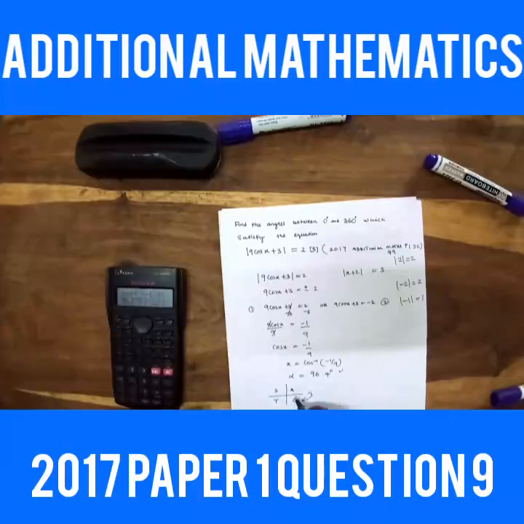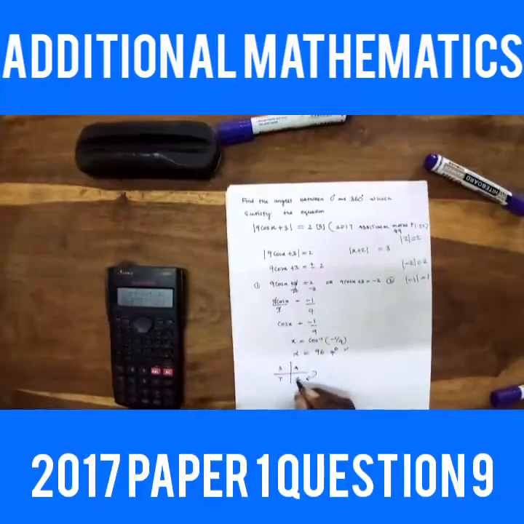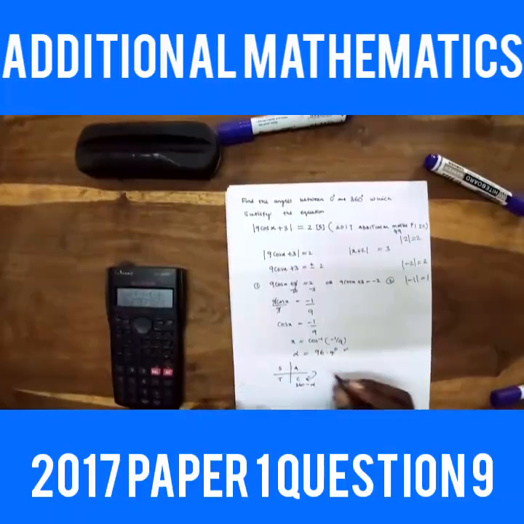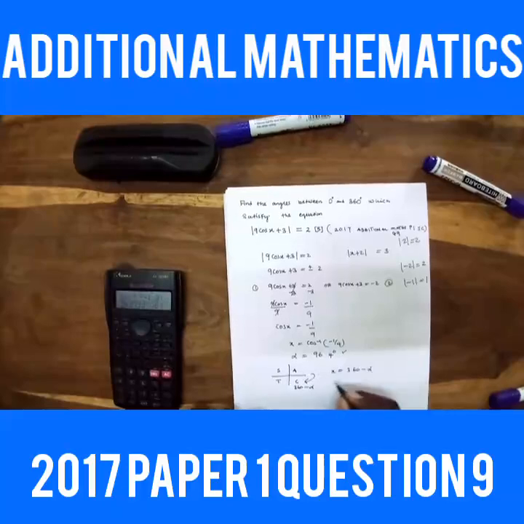So we have to find an angle which is in here. To find this angle in the fourth quadrant, we're going to say 360 minus alpha, where alpha is our reference angle. So x will be equal to 360 minus alpha. So x is 360 minus 96.4 degrees.